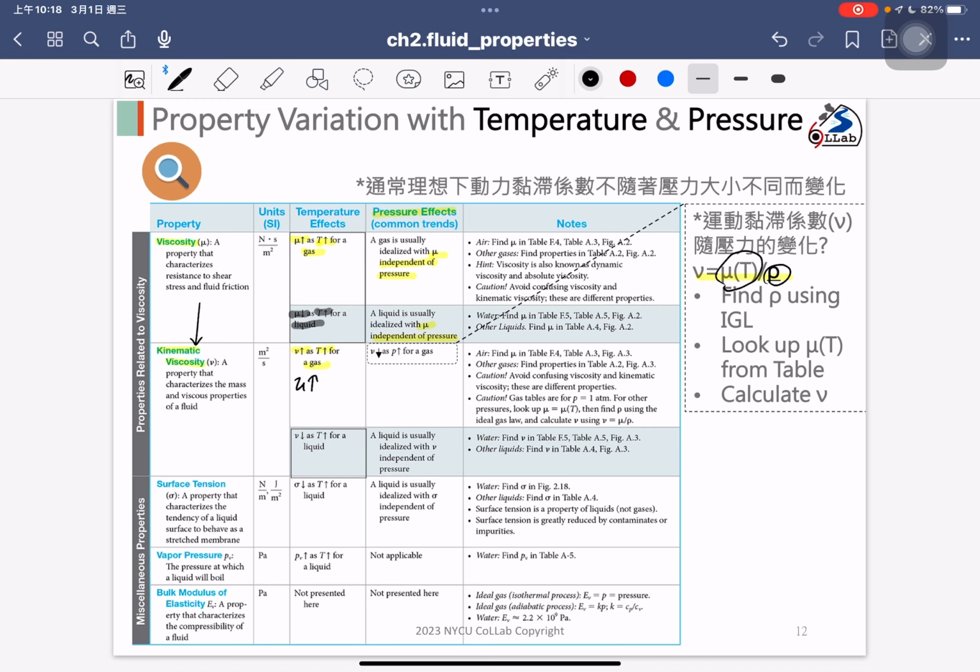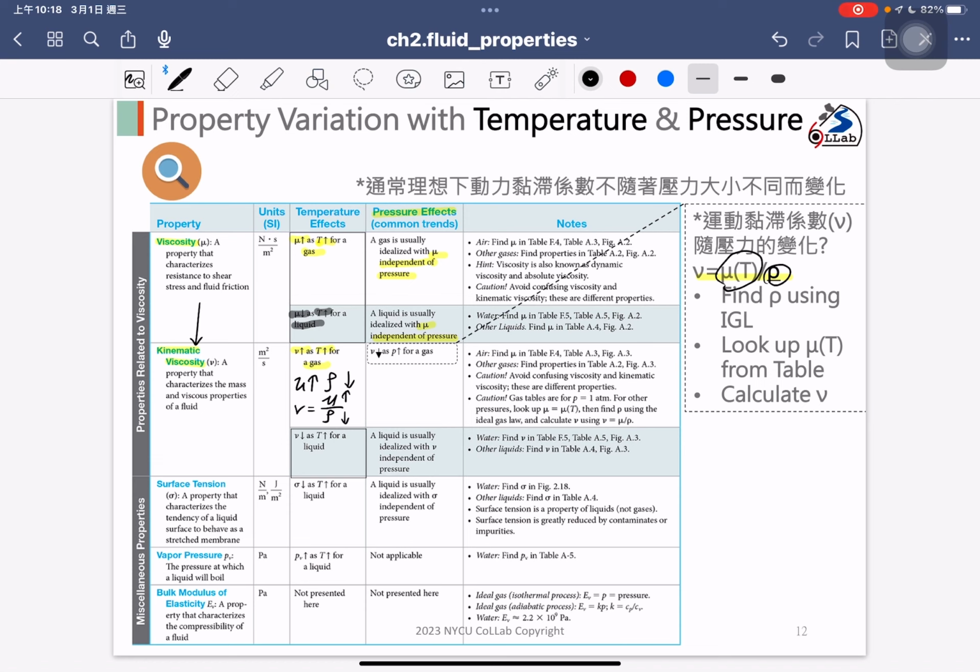And we also know the density, when the temperature increases, the density will decrease, right? And we know that the nu is defined by the mu, a ratio between the mu and the rho. So the bottom is decreased and the top is increased.